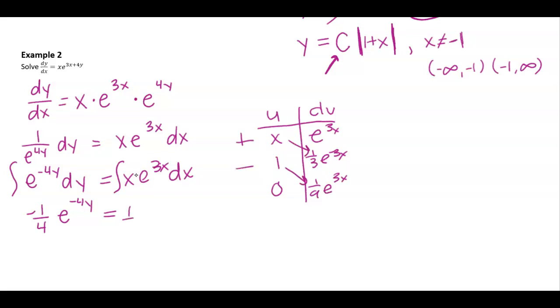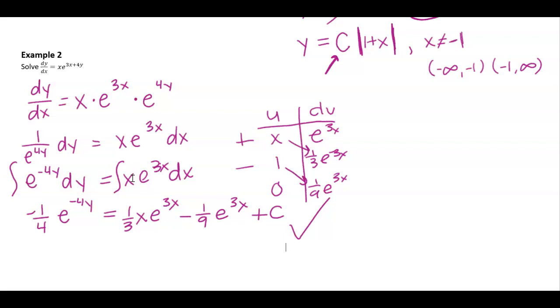So I get 1/3 x e to the 3x minus 1/9 e to the 3x plus c. Now, if you can get to this part here, usually you can then decide if you want to plug in, if you have an initial value, or if you want to try to simplify this a little bit further.